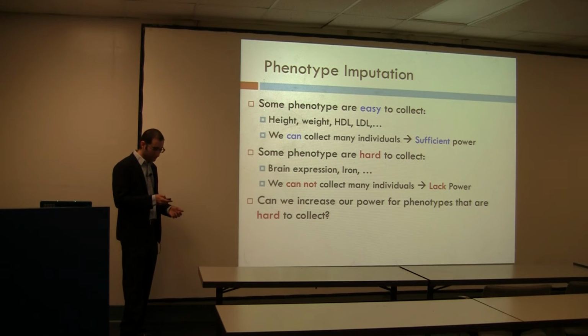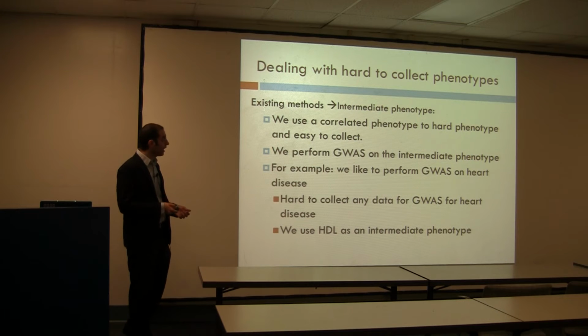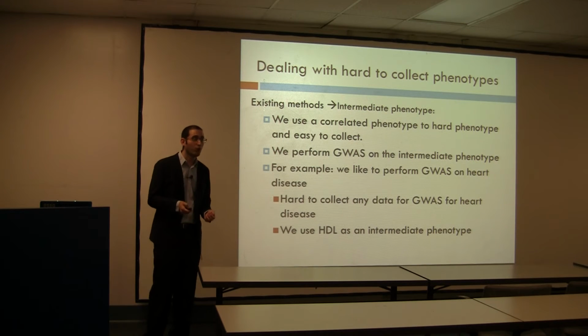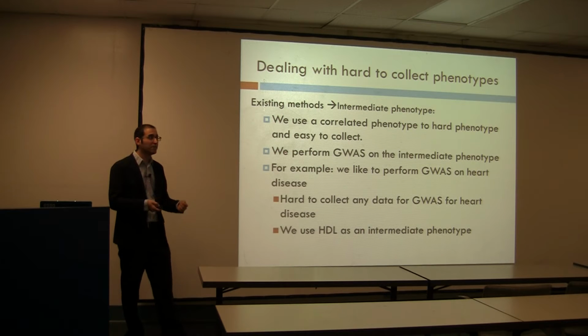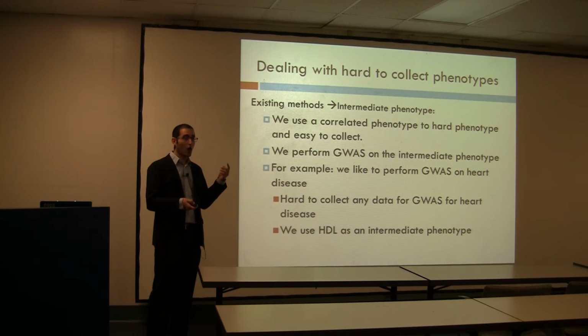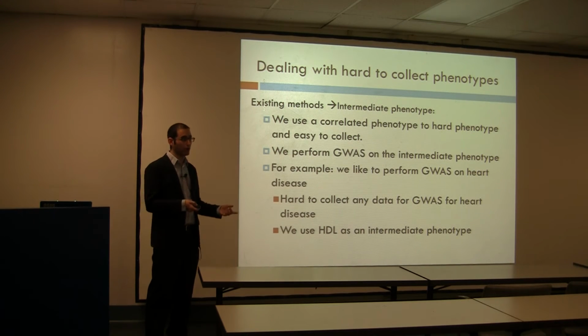Now, this problem is similar to what people are already doing, and it's called intermediate phenotype. In order to perform GWAS on a phenotype that is hard to collect, they find another phenotype that is highly correlated to this hard to collect phenotype.